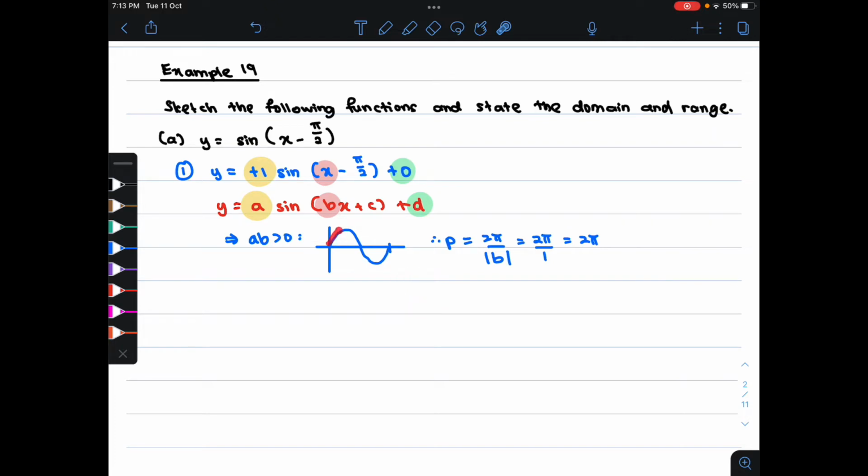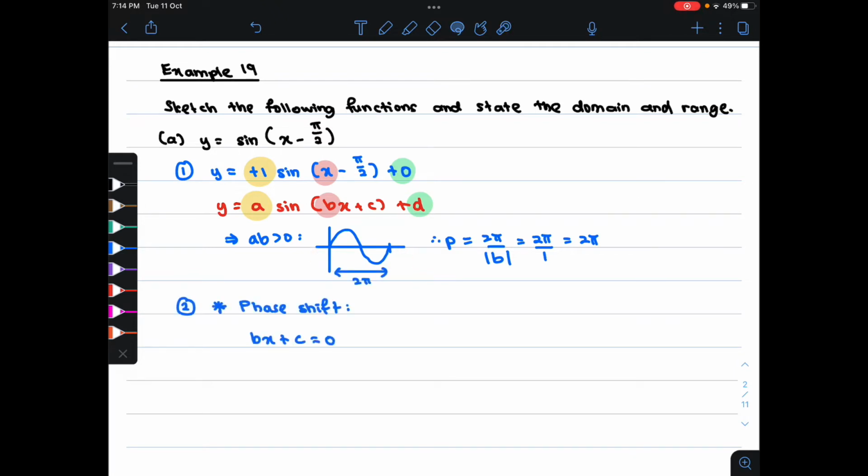So here this is half, this is a semicircle, and this is another semicircle. When you combine these two semicircles, that will give you one full cycle. So that's what it means by period. It means that one full cycle here will take 2 pi. So it starts from 0 until 2 pi.